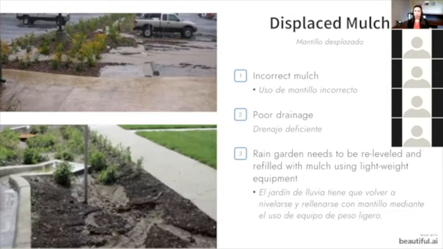So even if you do have a very large rain event and you've used shredded mulch and mulch still kind of leaves your rain garden, just kind of sweep it back in. But you shouldn't have that issue normally if you have used the correct mulch. Sometimes, you might need to re-level or refill your rain garden with mulch using lightweight equipment if you have had multiple very large rain events in a row and it has done some displacement of your mulch.